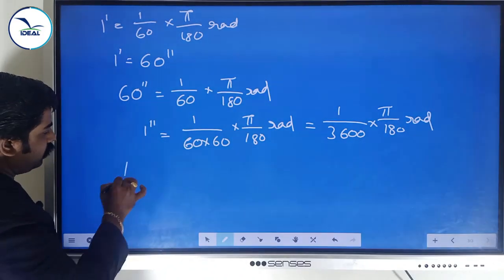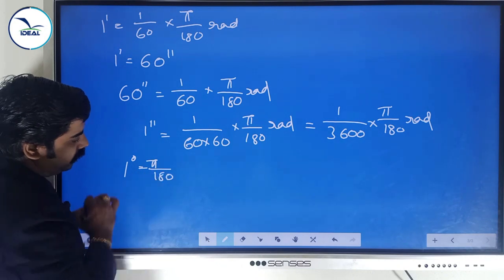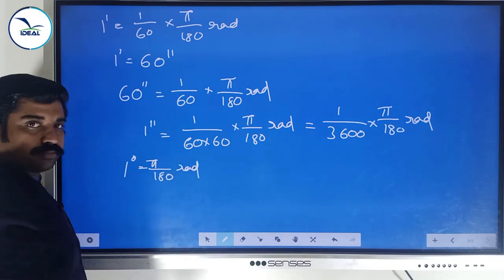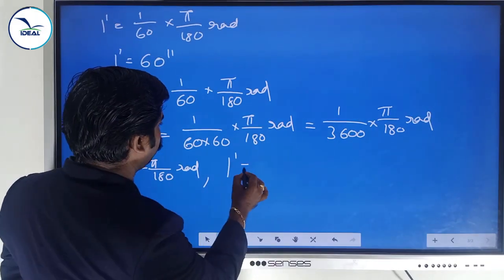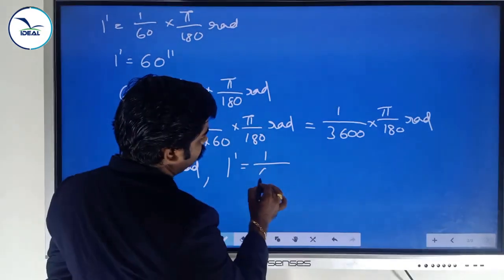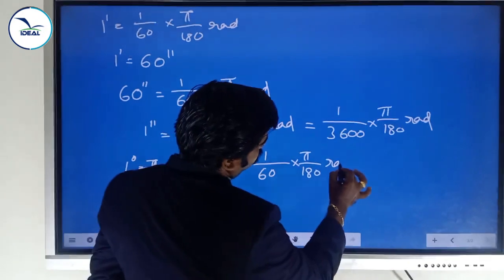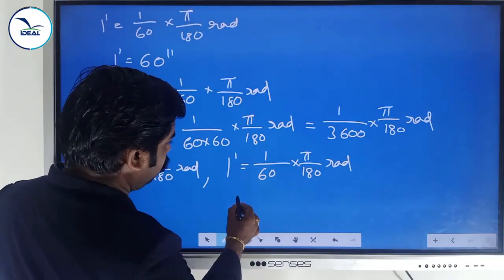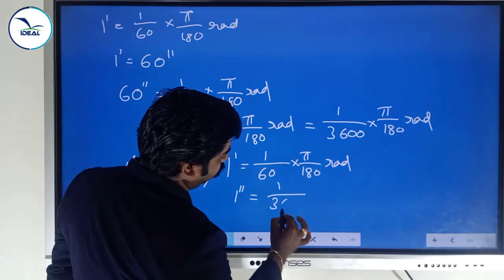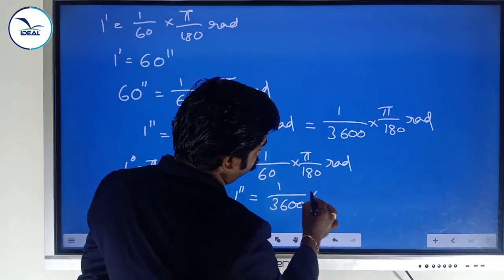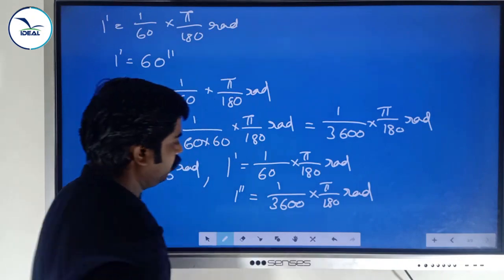So we got 1 degree is equal to pi by 180 radian, 1 minute is equal to 1 by 60 into pi by 180 radian, and 1 second is equal to 1 by 3600 into pi by 180 radian.